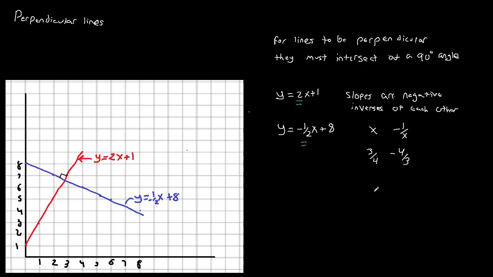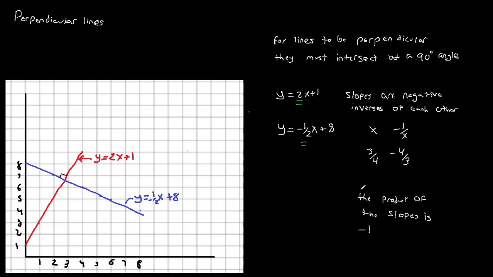And put another way, the product of the slopes is negative 1.